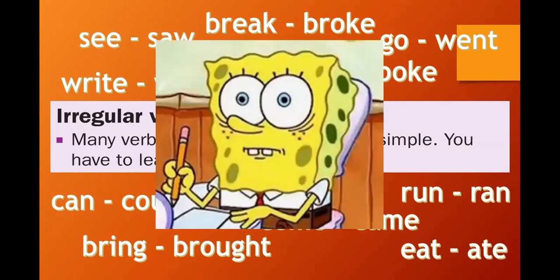But don't worry, okay? As we continue learning English, we're going to take a look at these verbs step by step, little by little, so that progressively you can learn these verbs without it being overwhelming.